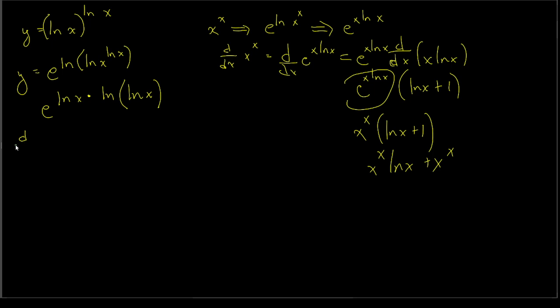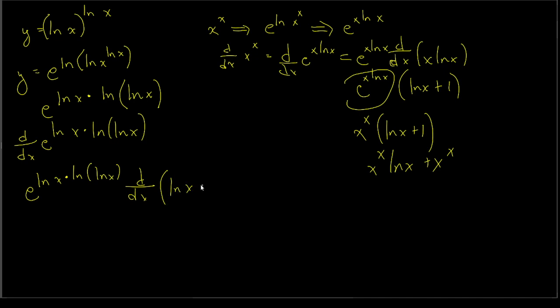Now to take the derivative, we take the derivative of e, we get itself back, times the derivative of the argument, which is ln x times the natural log of x.